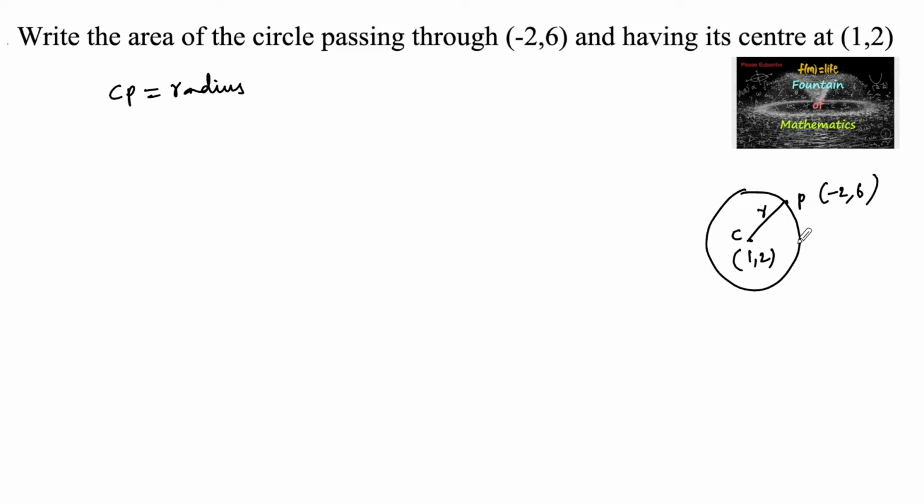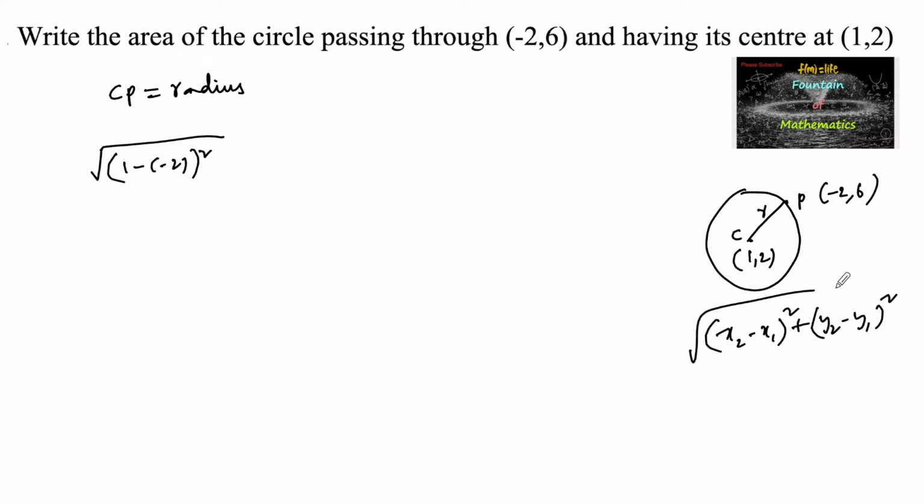Then let's find the distance between the 2 points. CP is the root of (1 minus of minus 2) whole square, by using the formula (x2 minus x1) whole square plus (y2 minus y1) whole square, the distance between 2 points, plus (2 minus 6) whole square, which is equal to R, the radius.